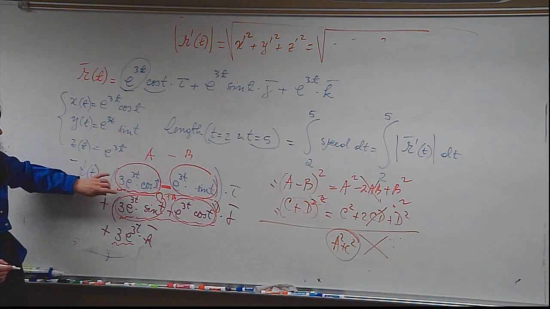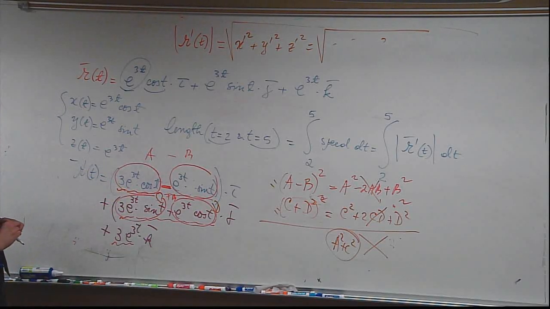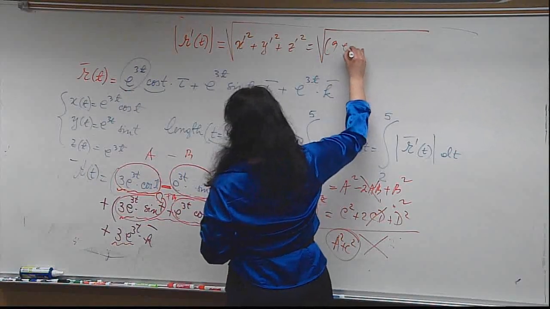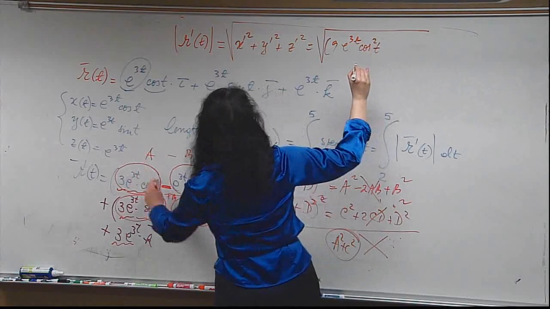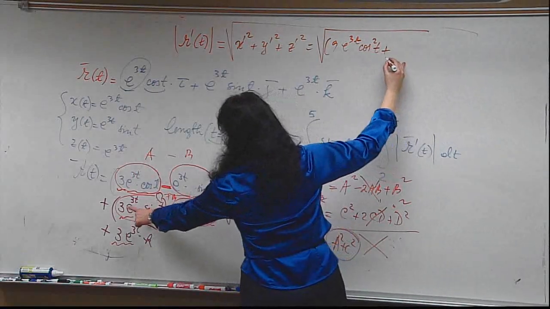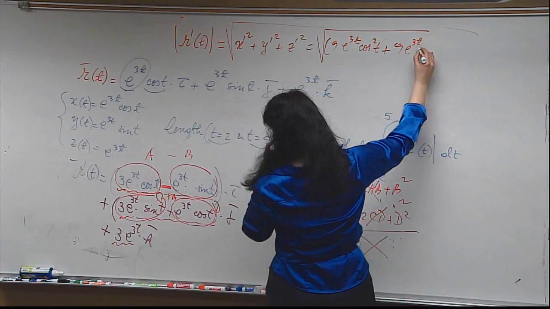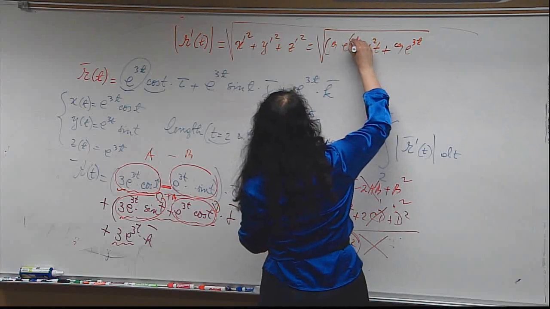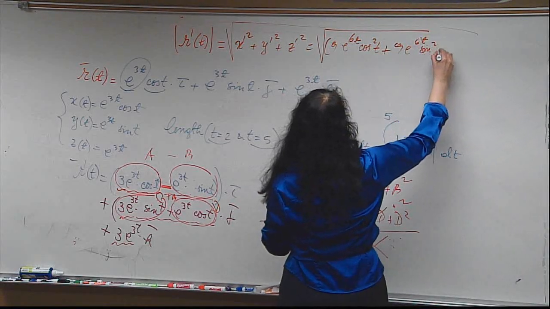Okay, now, when I square this and that, what do I get? The beauty of that, let me write it down explicitly. 9 e to the 6t cosine squared t remains from this guy, plus from the square of that we'll have 9 e to the 6t sine squared t.